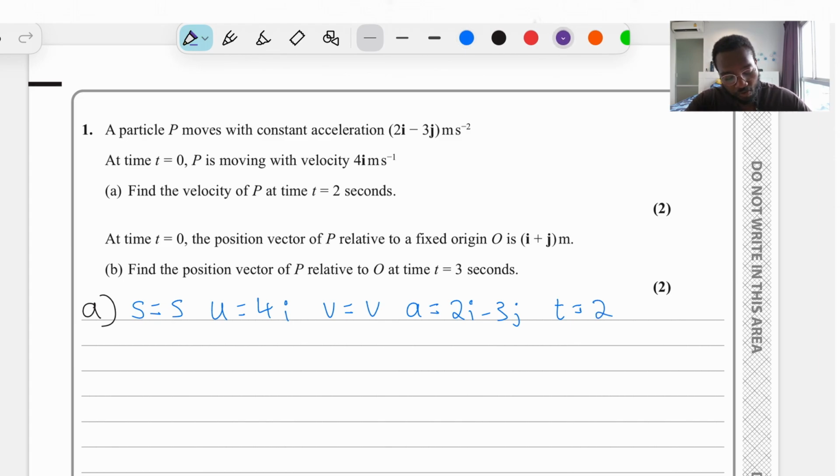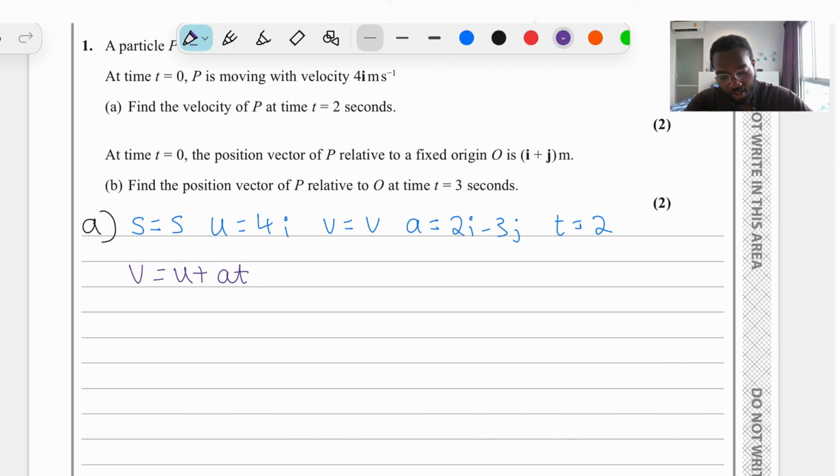So we have U, A, and T, and we want to work out V. So we can use the SUVAT equation V is equal to U plus AT. Therefore V is equal to 4i plus 2i minus 3j times 2.